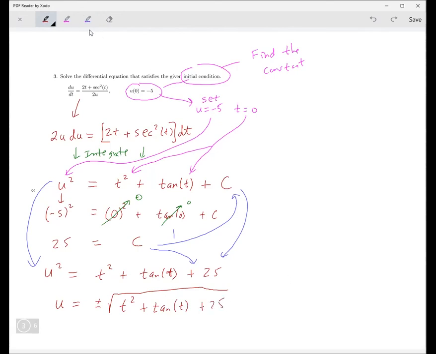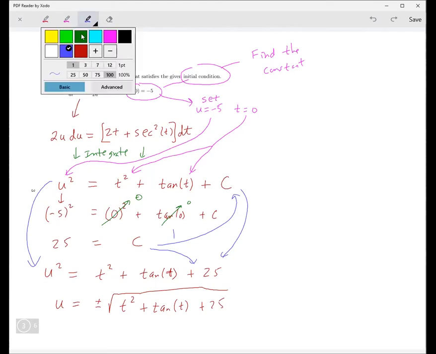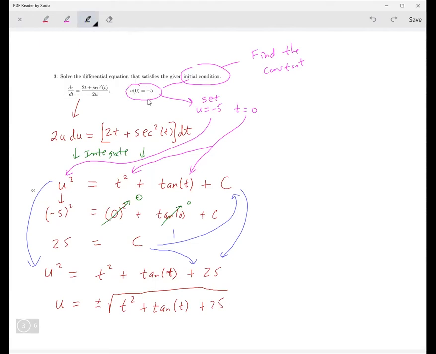But, and this is a little bit tricky, because this is a -5, that means that over here, it's the minus that you're going to look at. Negative, the square root of t squared plus tangent t plus 25.